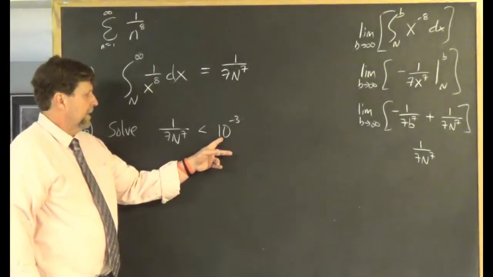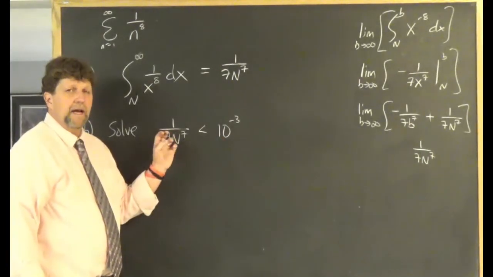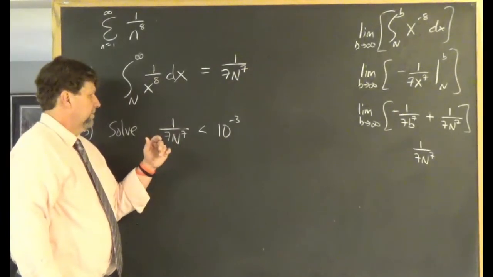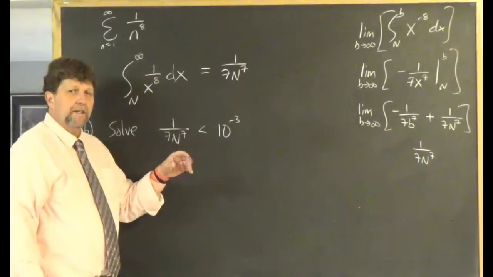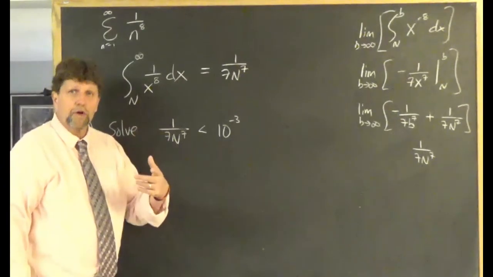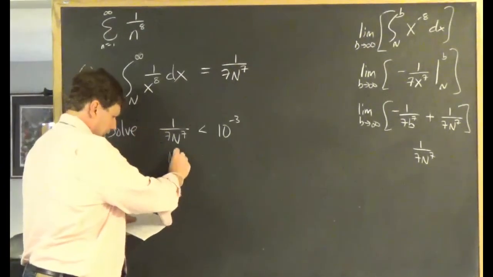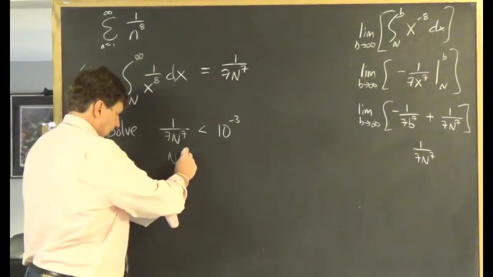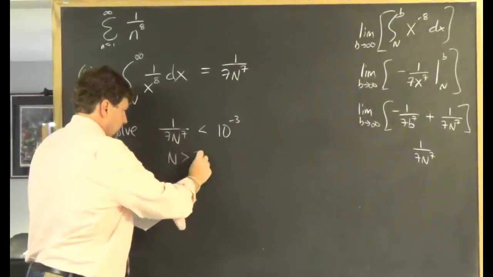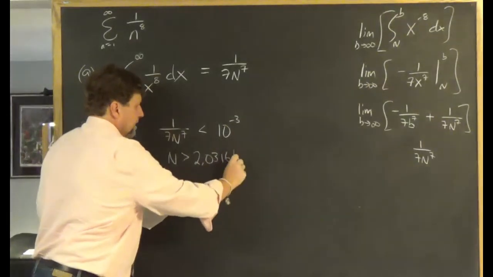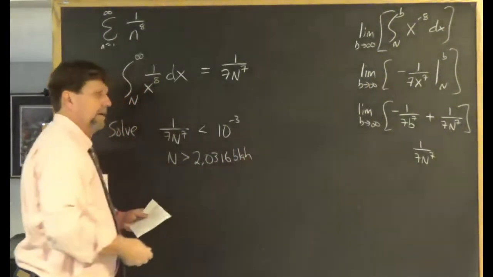And then multiply both sides by the least common denominator. And then you have to divide by 7. And then you'll have to take a 7th root. If you do all that correctly, you're going to get n is greater than 2.0316, and so on.